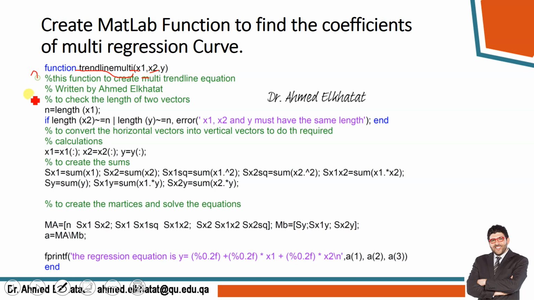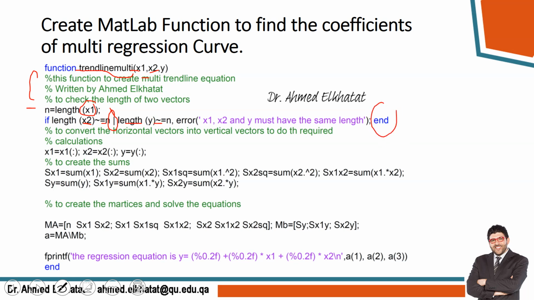Okay, then I identified n as the length of x1 to check the length. So if the length of x2 doesn't equal n, or the length of y doesn't equal n, then error, end. Okay, when you start an if you have to end it.